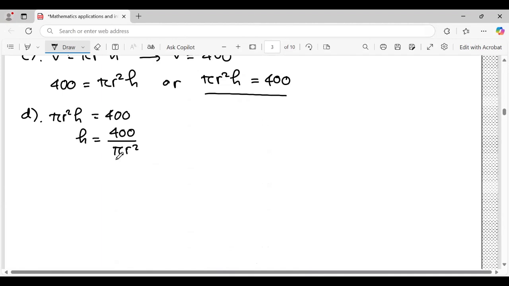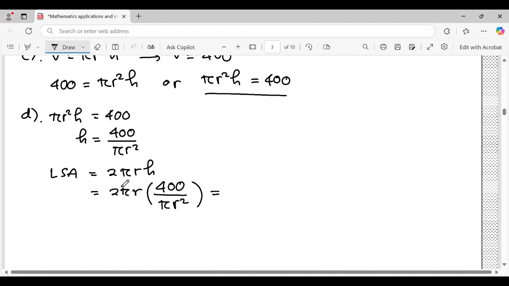And this information we're going to substitute into the lateral surface area formula. The lateral surface area formula is 2 pi R H. Now substitute H into this formula. It's going to be 2 pi R times 400 divided by pi R squared.